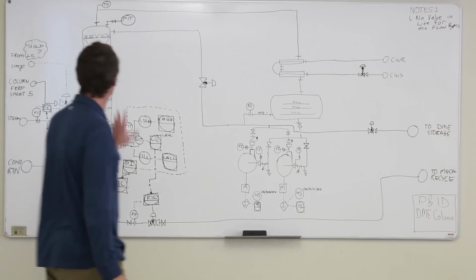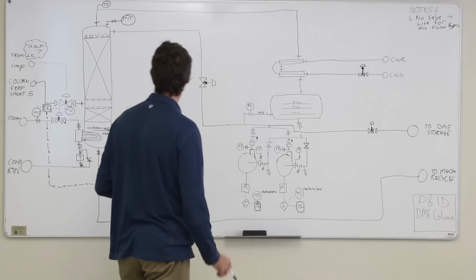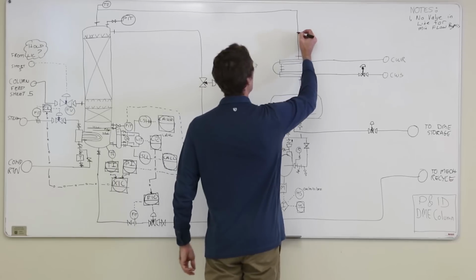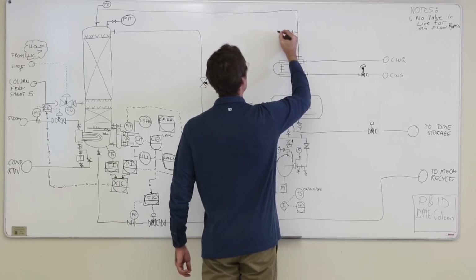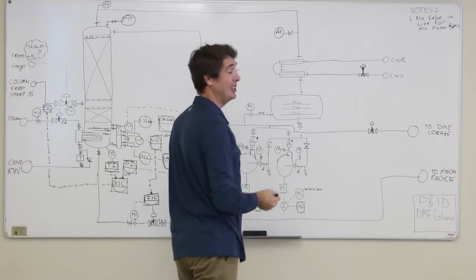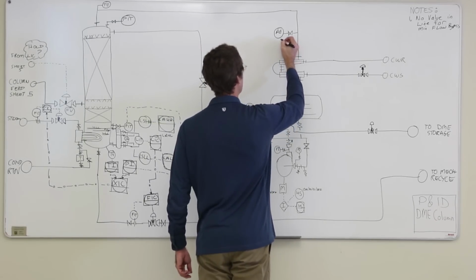Now, we've got the temperature, we've got the pressure. We're going to have some composition here. We might actually need an analyzer. So let's put an analyzer in. This is easy for us because we don't really have to worry about what kind of analyzer it is. We just write it down and somebody else figures out what it is.